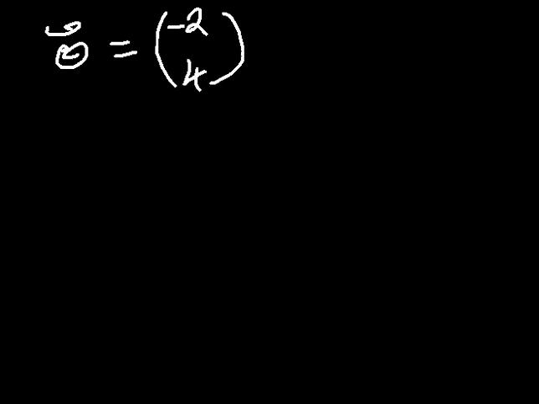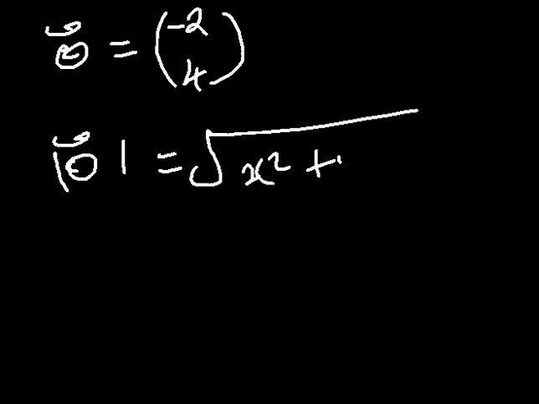Let's say we have the vector o given as (-2, 4). What is the magnitude of this vector? The principle remains the same: x squared plus y squared.